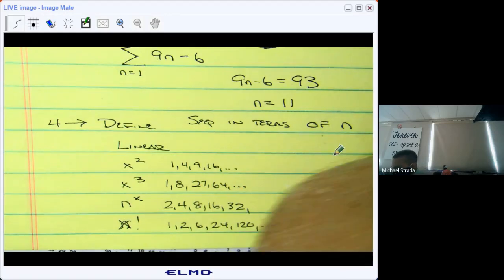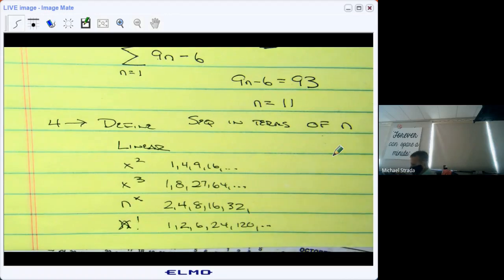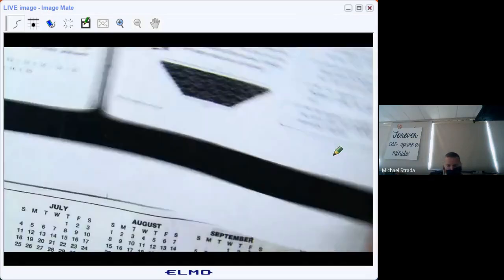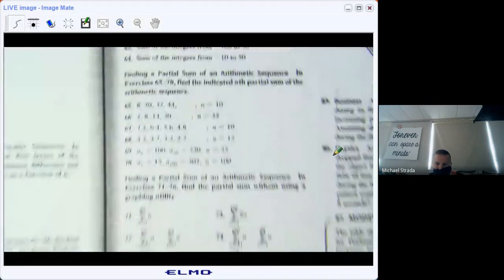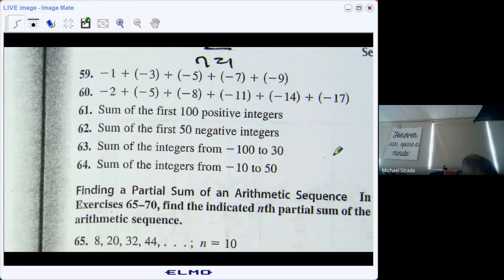Then we're going to have one like these from tonight's homework, 61 through 64. And you can do it 2 ways.